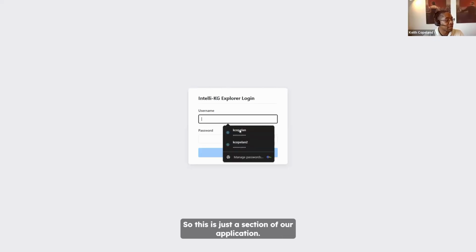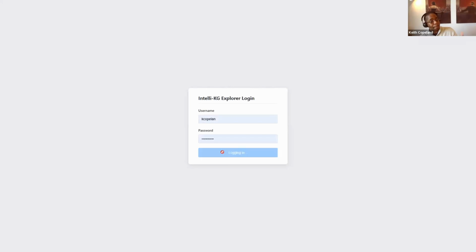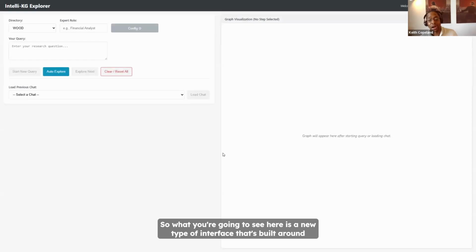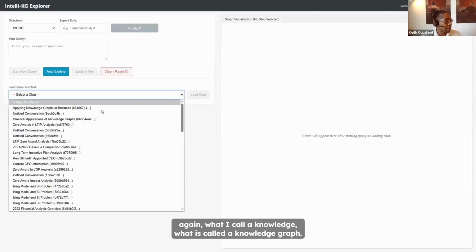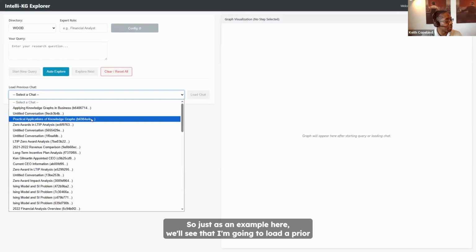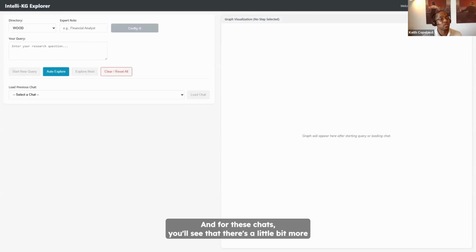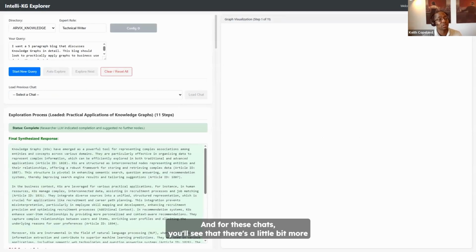So this is just a section of our application. What you're going to see here is a new type of interface that's built around what is called a knowledge graph. Just as an example here, I'm going to load a prior chat, and for these chats, you'll see that there's a little bit more information than you're probably used to seeing.